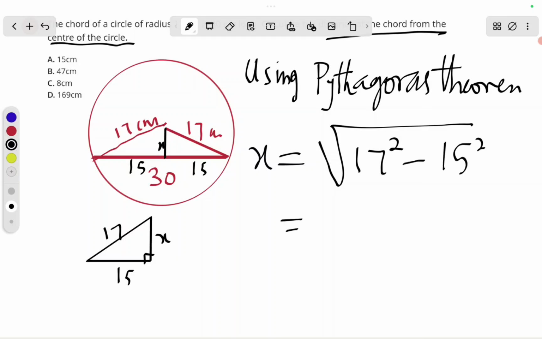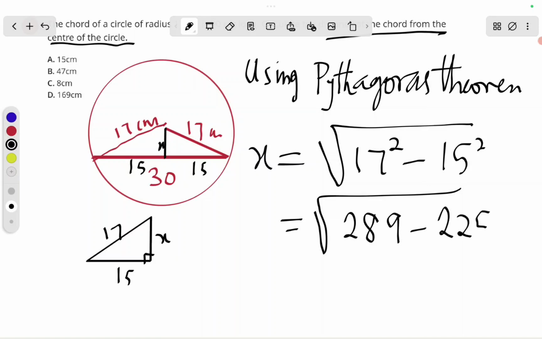How are you going to solve this simple expression? 17 squared is 289, and 15 squared is 225.